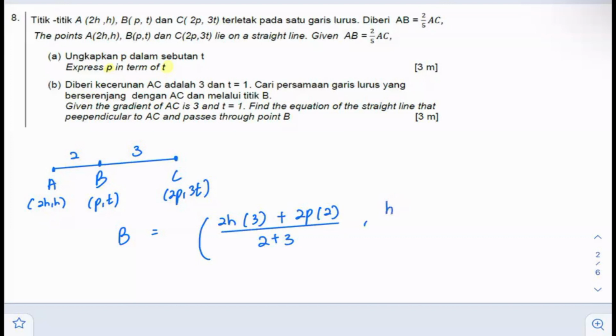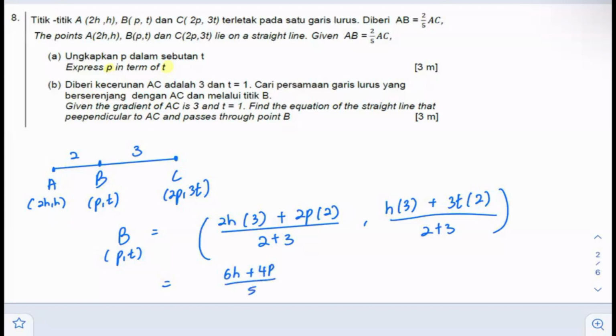Same goes for the Y: H times 3 plus 3T times 2, divided by 2 plus 3. And B is (P, T). So we'll have (6H plus 4P) divided by 5 and (3H plus 6T) divided by 5.